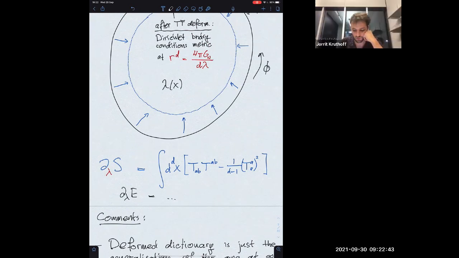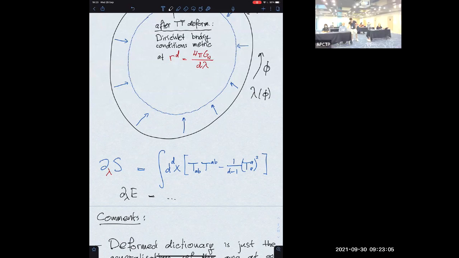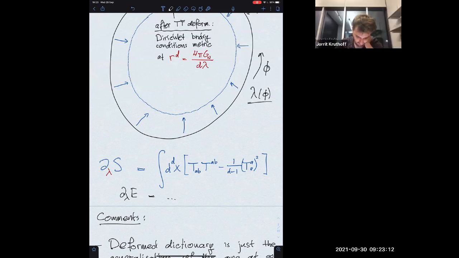Say there's some angle here, and we're in AdS. Then you would need to make this lambda of phi, and deform with an angle-dependent TTbar deformation in order to get something that's wobbly in the bulk. Okay, thank you. That's one way of doing it. Yeah, and I don't think this has been done.